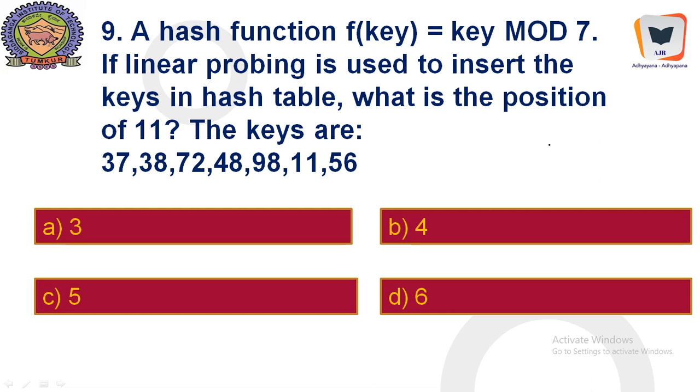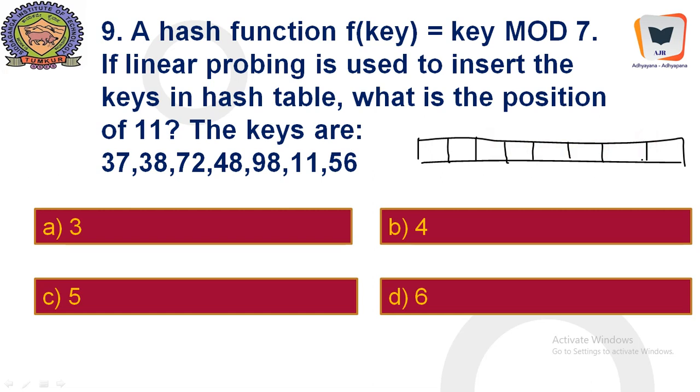placed in, let us say, we will construct a table itself, to avoid any possible confusion. So this is the hash table. This is the 0th position, and this is 1, 2, 3, 4, 5, 6.